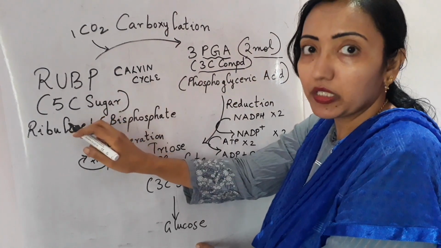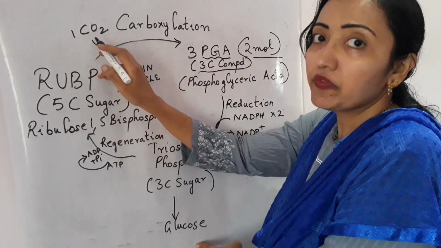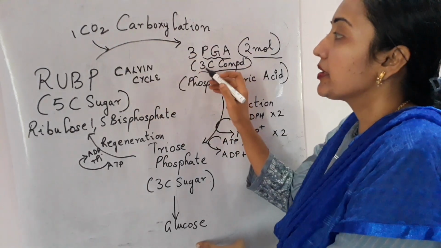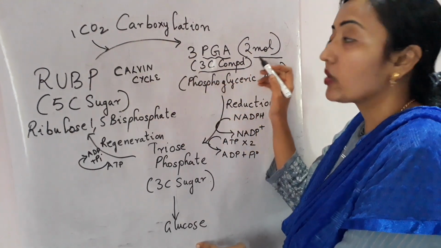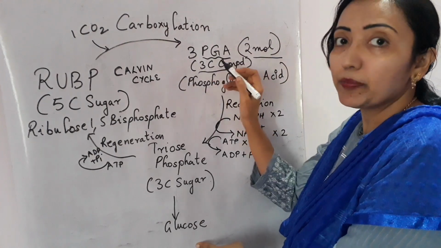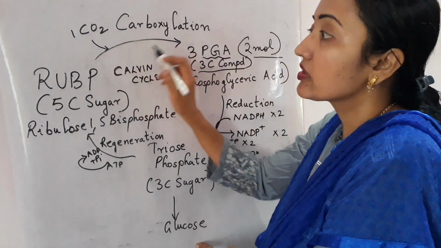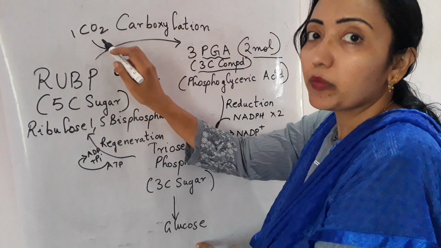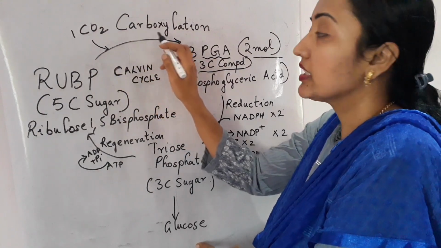RuBP gets 1 carbon from carbon dioxide and produces 3-carbon compounds, of which 2 molecules of 3 PGA are produced. This process in which RuBP combines with carbon dioxide is called carboxylation.